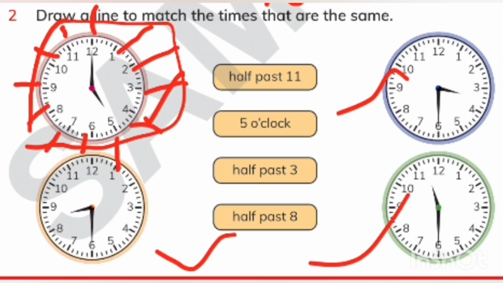If I zoom in like this, you can see how many numbers there are: 12. It means there are 12 hours.